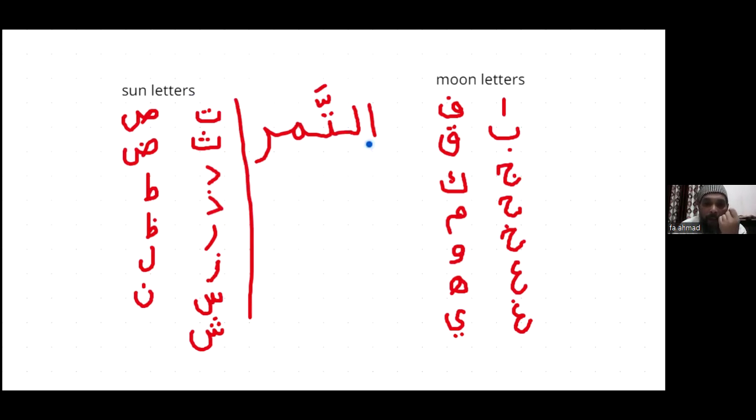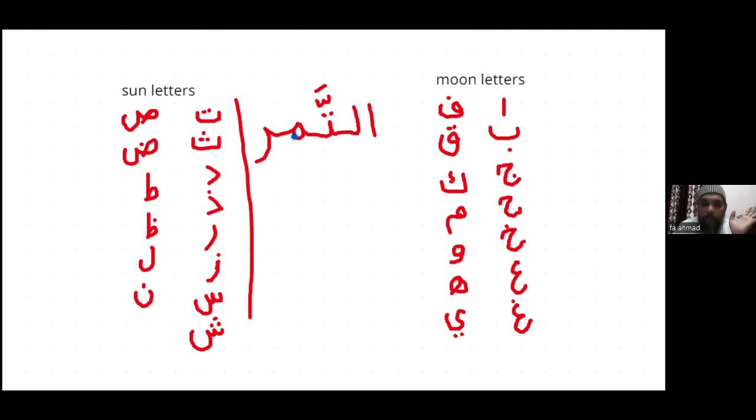You read the sun letter double, at-tamar, so I put a shadda here. It means you read the sun letter double, but skip the lam. Don't read al-tamar, read at-tamar.